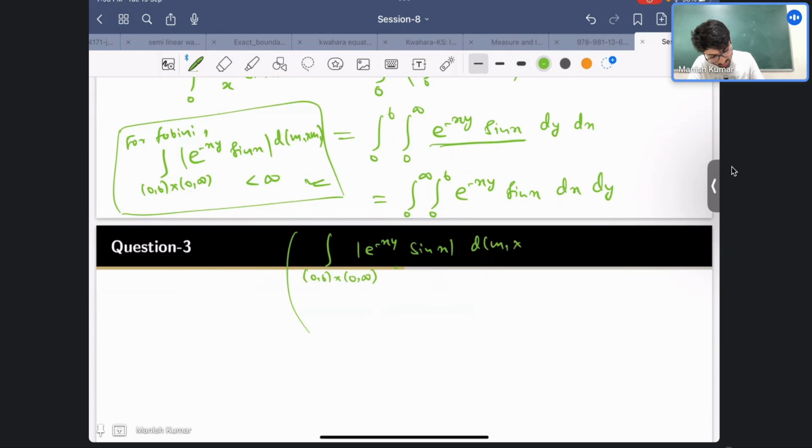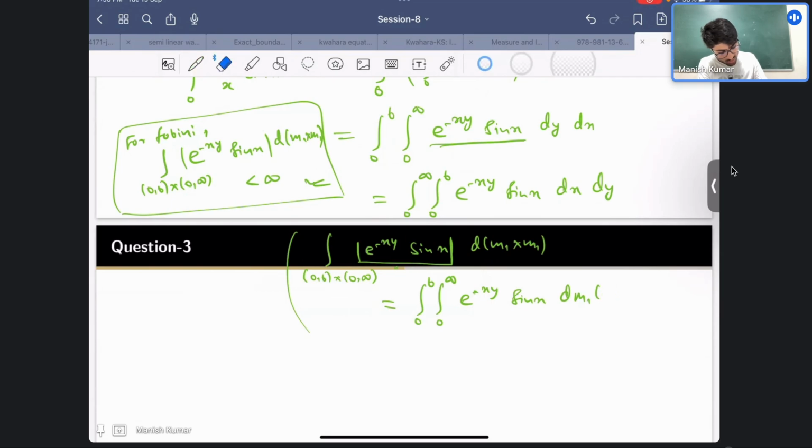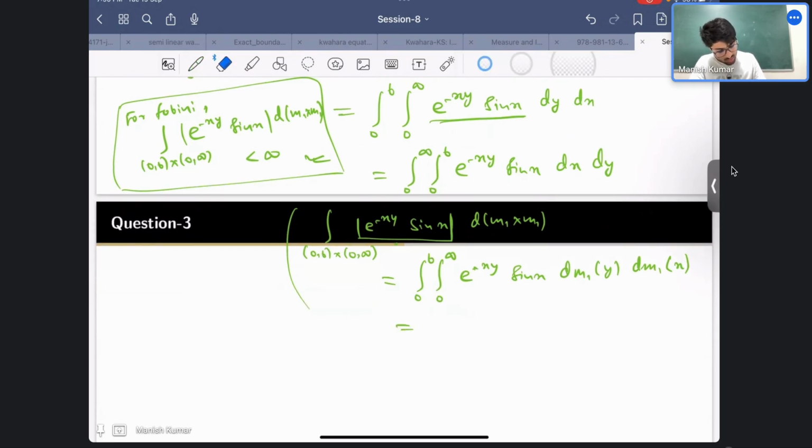So now you note that since we are taking the modulus, I mean the first part, you can write this as an iterated integral. So let's write it as 0 to b, 0 to infinity, e minus xy sin of x, and then dm1y, sorry, and then dm1x. Okay, so now what you can do, this dm1 will be, in Riemann integration, dy dx. Okay, so now you can write it here.